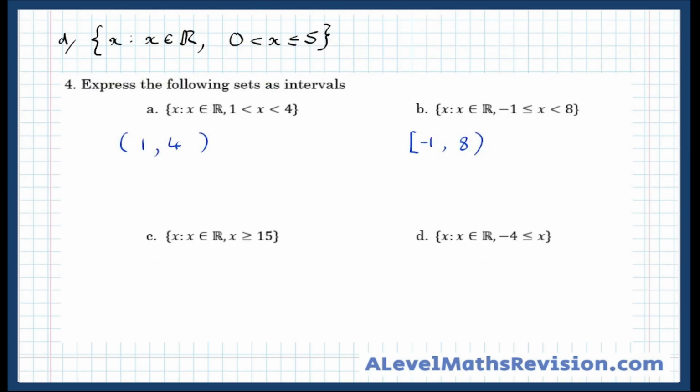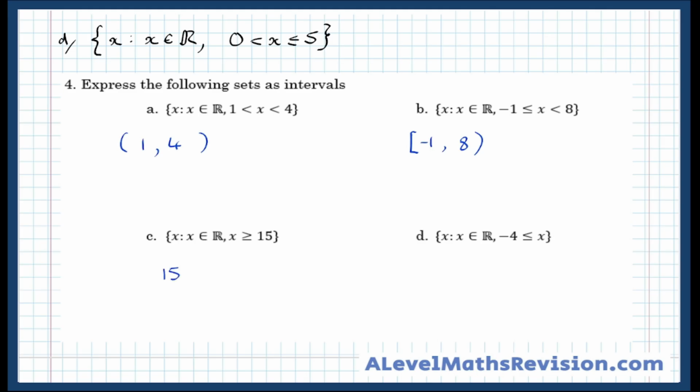And finally, see if you can manage these ones. Pause it, have a go. But they're only one-sided inequalities this time, so that poses a problem. So, x bigger than or equal to 15. Well, that means that the lower bound is 15.